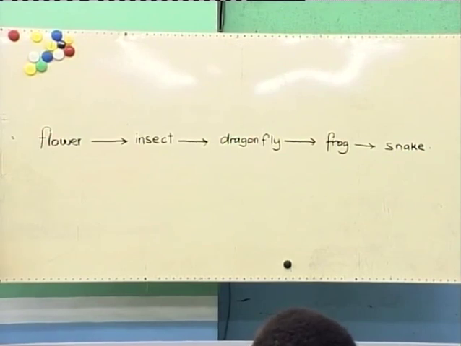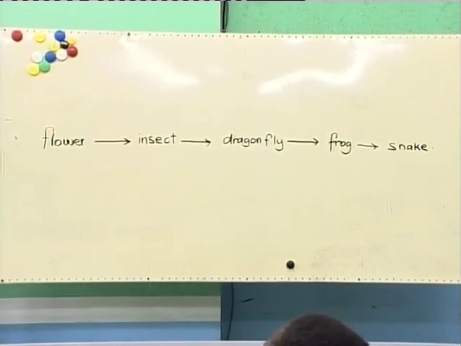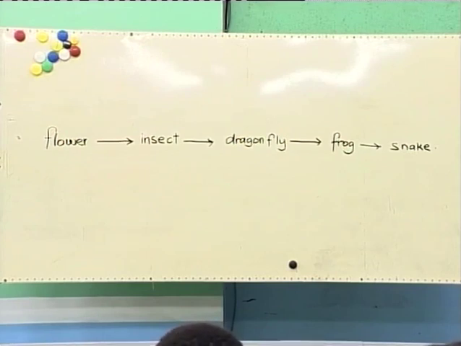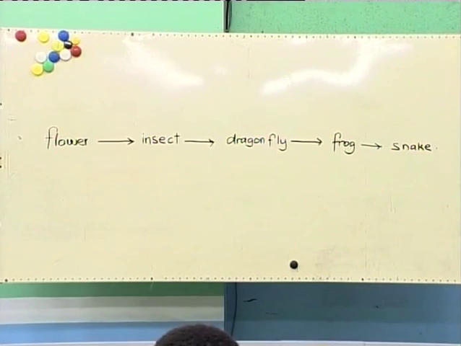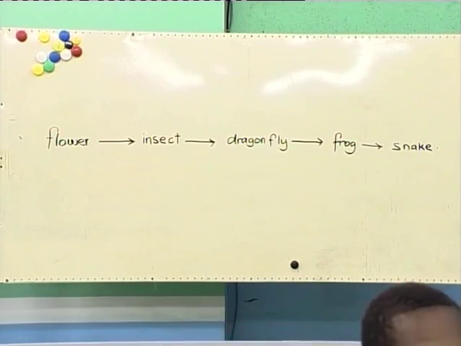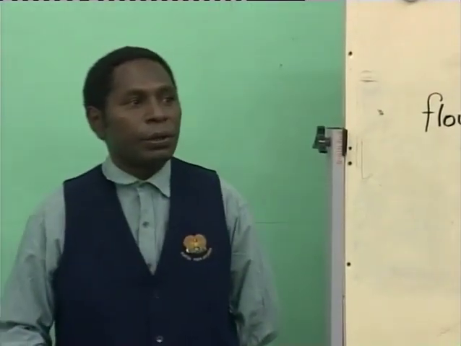Now, that is how the food chain went. After watching that little bit of video inset, can somebody put up how the food chain flowed? Can somebody write up how the food chain flowed, of course showing arrows and so forth?